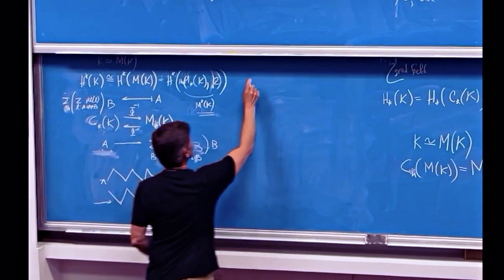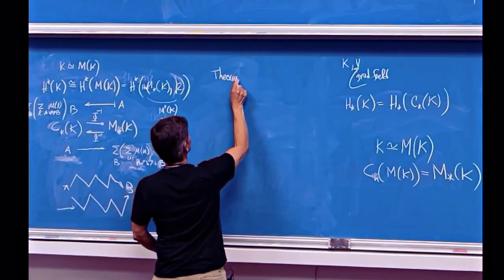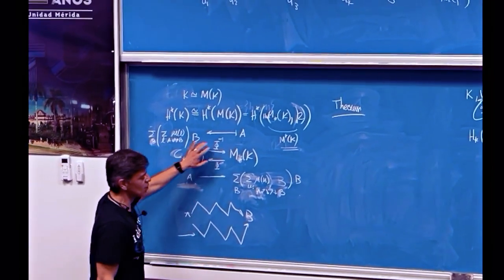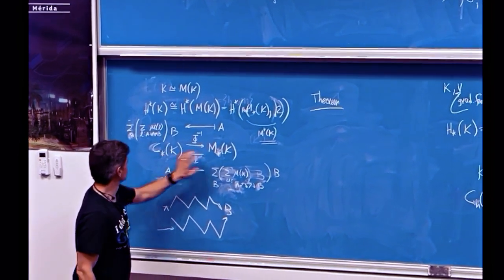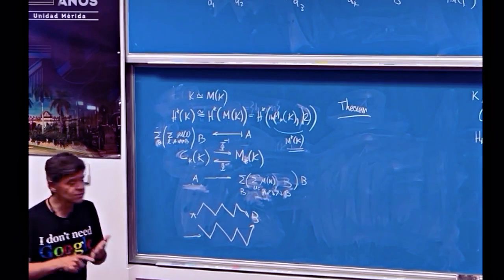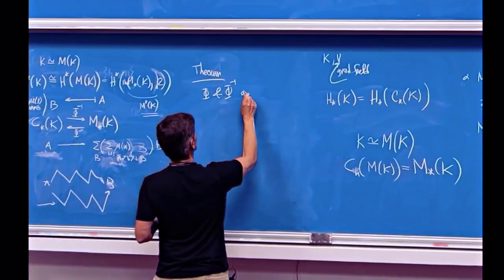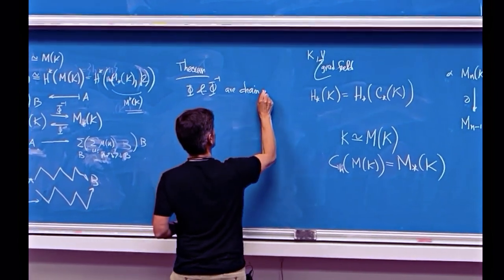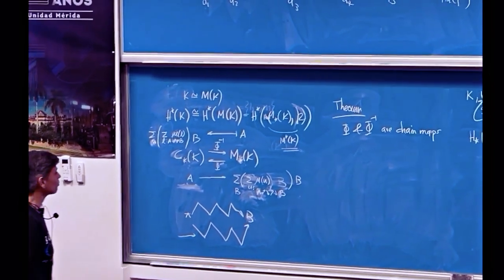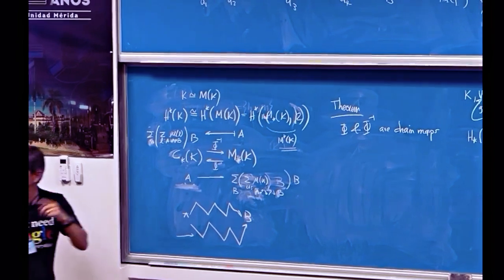So, and the theorem here, well, again, this is a little bit technical, but is that they are not isomorphisms, of course. This is much larger than this one, but they are chain homotopy maps. Phi and what I call Phi inverse are chain maps. And not only that, their composite is homotopic to the identity.